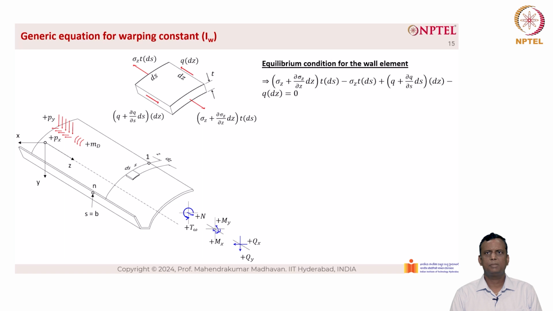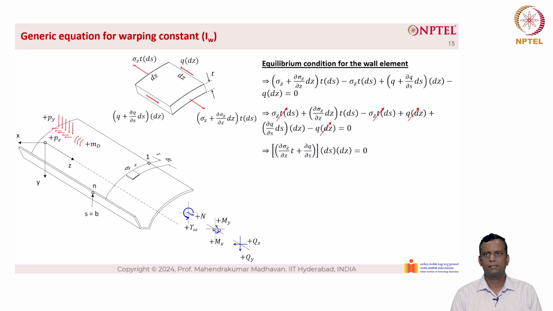So, we have (sigma z plus dou sigma z by dou z into dz) into t into ds minus sigma z t into ds plus (q plus dou q by dou s into ds) into dz minus q into dz is equal to 0. When we expand it, four terms get cancelled: the first term and the third term get cancelled, as well as the fourth term and the last term.